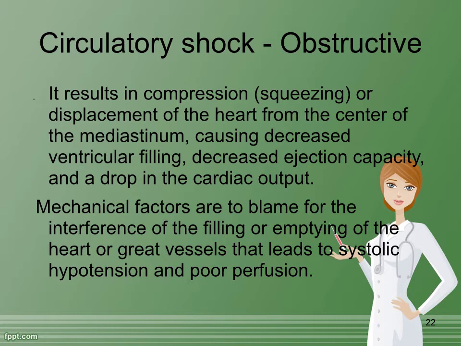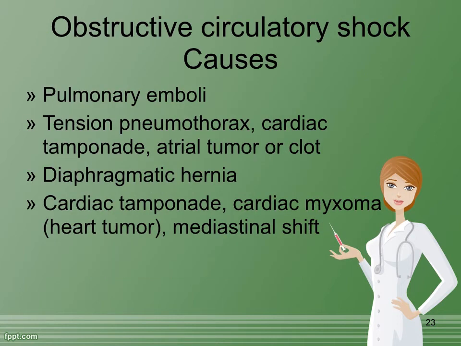Some mechanical factors can be blamed for the interference of this filling or emptying of the heart or great vessels. That leads to the systolic hypotension and poor perfusion. Causes can be pulmonary emboli, which interferes with the ventricular emptying of blood, tension pneumothorax, cardiac tamponade, and atrial tumor or clot.